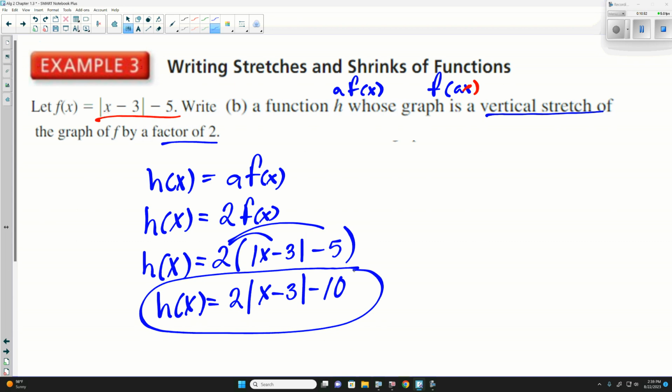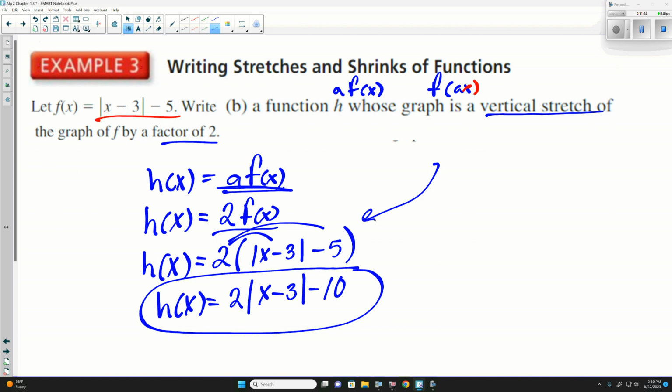Yes? So I put parentheses around when we insert something in.